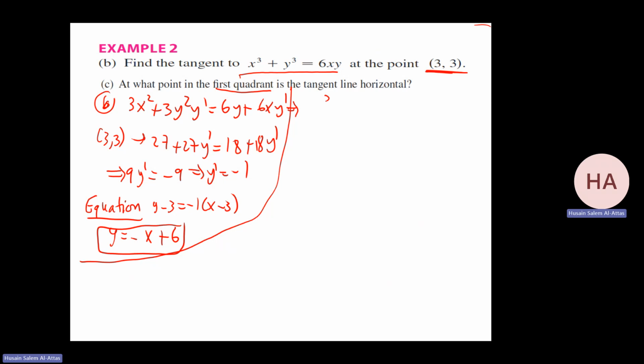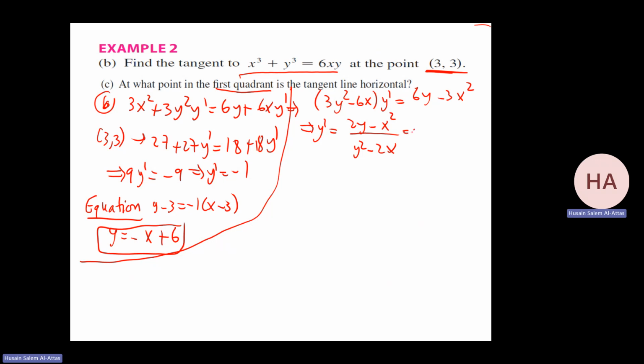I have what? 3y squared minus 6x times y prime equals 6y minus 3x squared. I divide by 3, so y prime will be 2y minus x squared over y squared minus 2x.